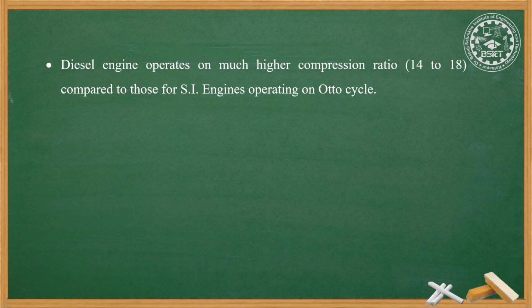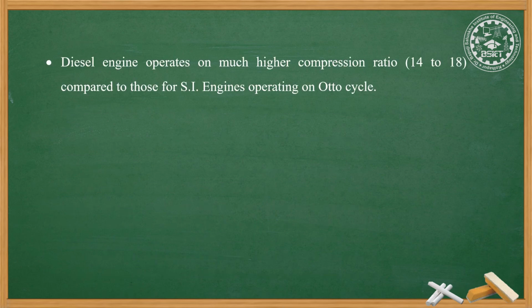From the air standard efficiency of the diesel cycle, we can note down the following points. The diesel engine operates on a much higher compression ratio, 14 to 18, compared to SI engines operating on the Otto cycle.